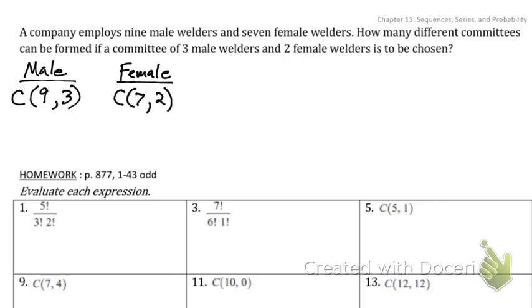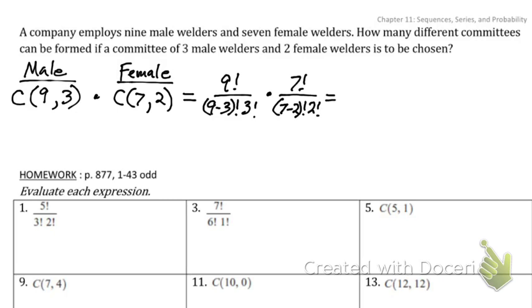Once again, this is the fundamental counting principle. We are choosing 3 here and 2 here, so to come up with the total, we're just going to multiply those two together. So we're going to have 9 choose 3 times 7 choose 2. That's going to equal 9 factorial over 9 minus 3 factorial times 3 factorial, and we're going to multiply that by 7 factorial over 7 minus 2 factorial times 2 factorial.